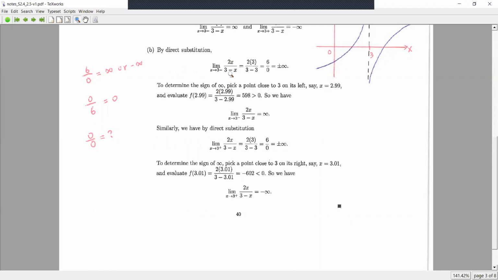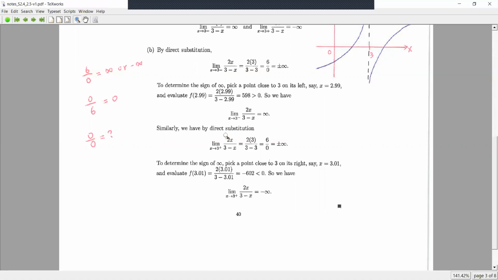The function value at 2.99, I plug in 2.99 for x, then the function value is 598, greater than 0. So when x is very close to the point 3 from the left, the function value is positive. Therefore, this limit should be positive infinity.